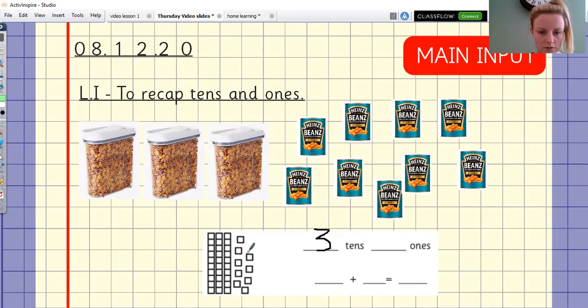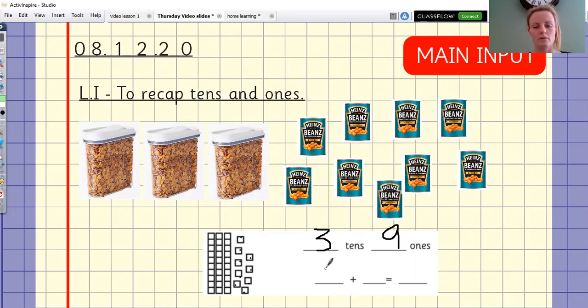You can help me. Let's start again so you can help me. 1, 2, 3, 4, 5, 6, 7, 8, 9. I've got 9 ones. So shall we check that I collected 9 tins of beans? So 1, 2, 3, 4, 5, 6, 7, 8, 9. So I've got 9 ones.